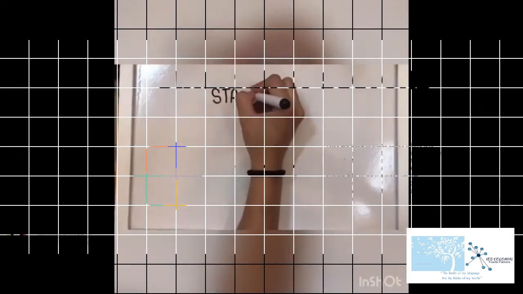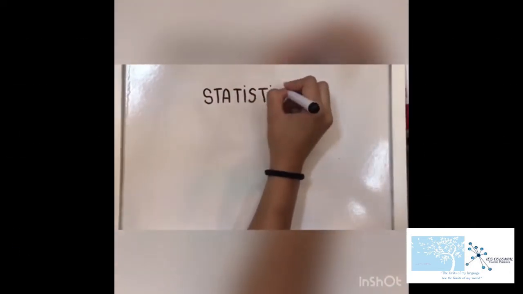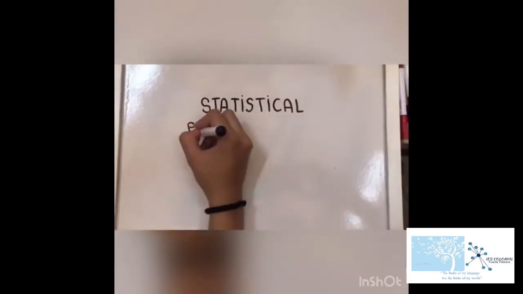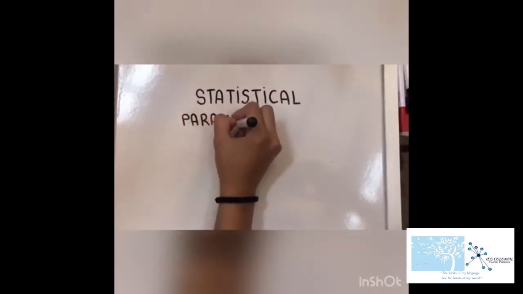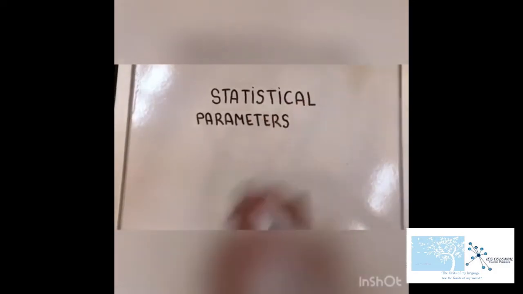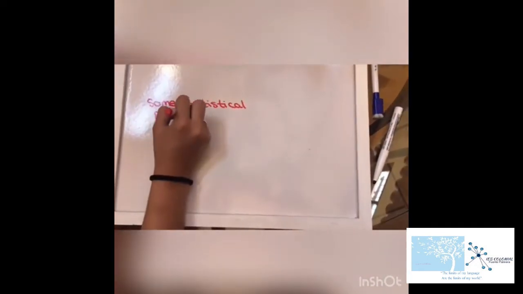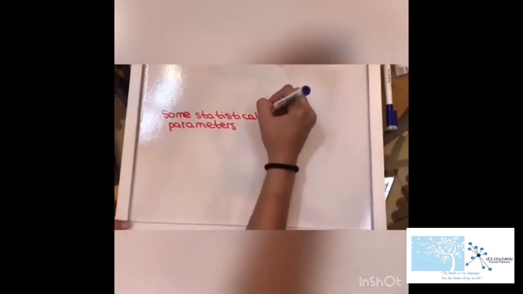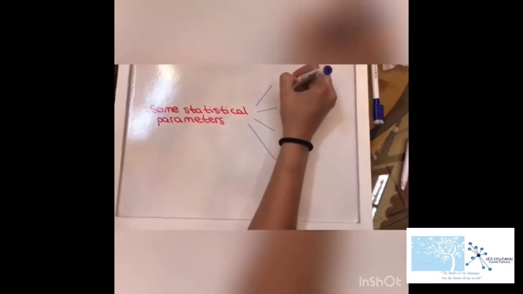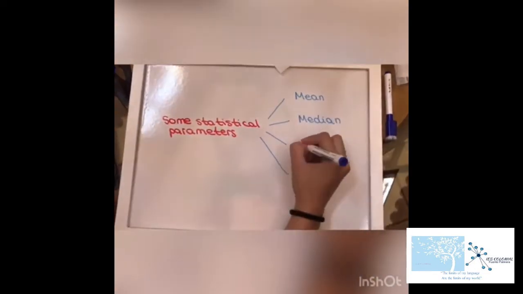The statistical parameters are used to synthesize or summarize the information given by a table or by a graph. Some statistical parameters are mean, median, mode, and range.